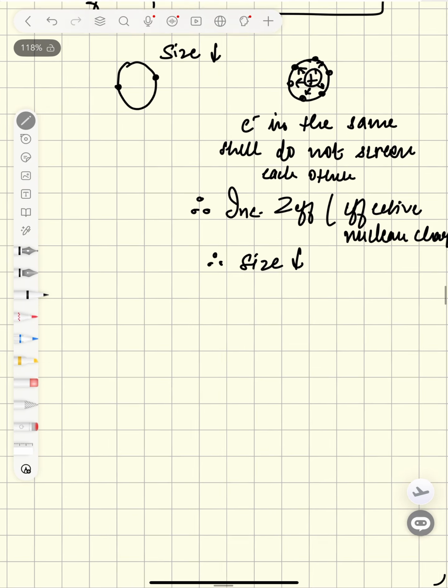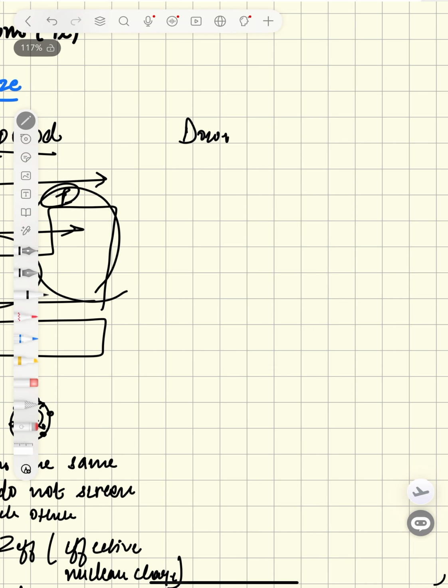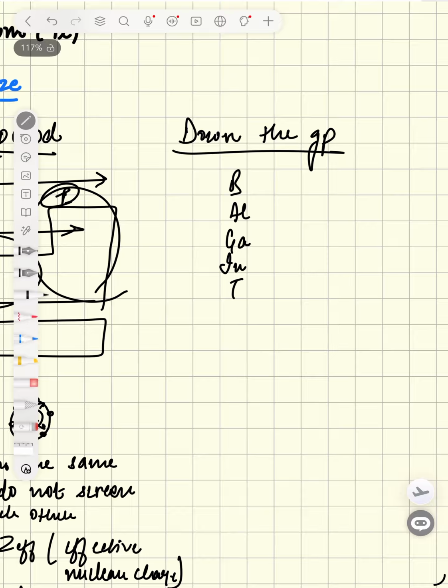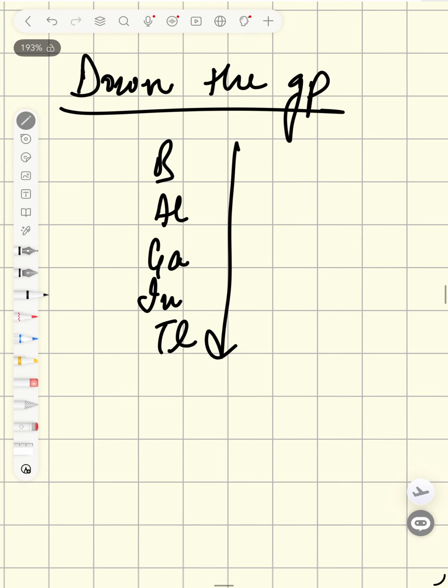Talking about down the group now. Down the group shows an interesting trend. Here we have boron, aluminium, gallium, indium, and thallium. As we move down the group, the size is expected to increase, right? Because new shells are added up.